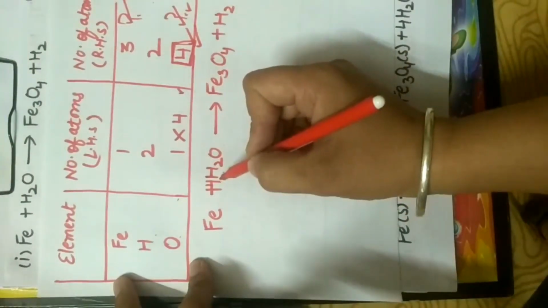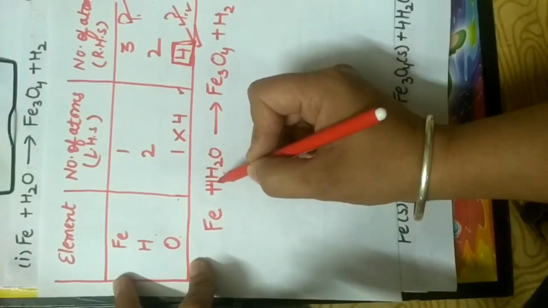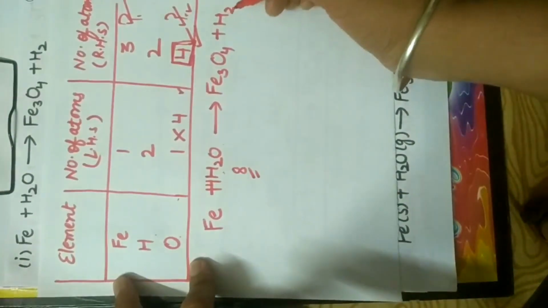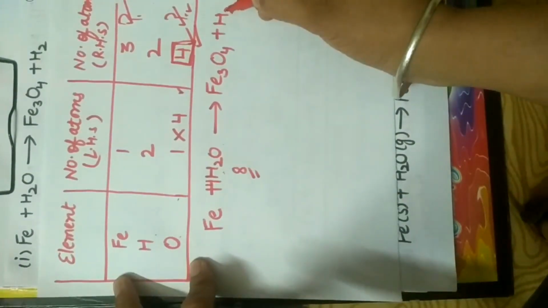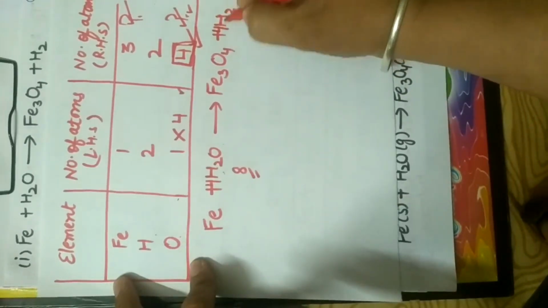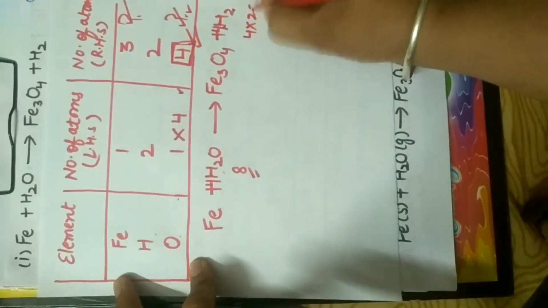Now the number of atoms of hydrogen, how will you count, beta? 4 into 2, that is equal to 8. On this side, hydrogen atoms are how much? 2. Then we will place here 4, then 4 into 2, it will equal 8.